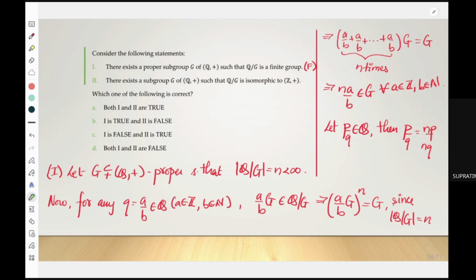Yes, but here the coefficient of b is 1, but here it is n. I just want b to be a natural number. So that's it. This implies G equals Q, which gives us a contradiction. So the first statement is false.